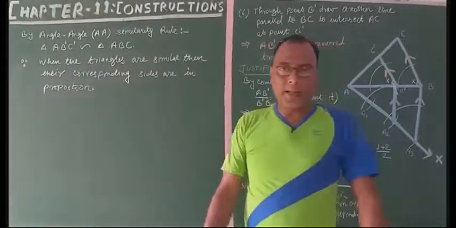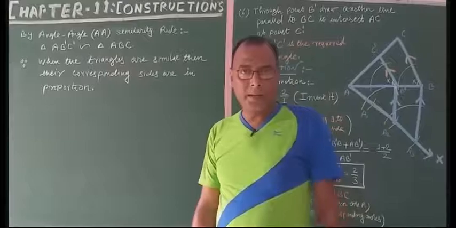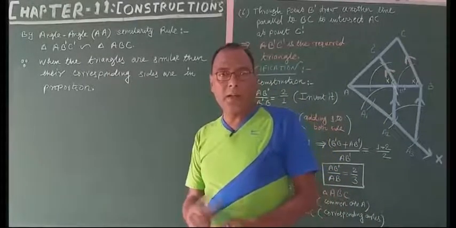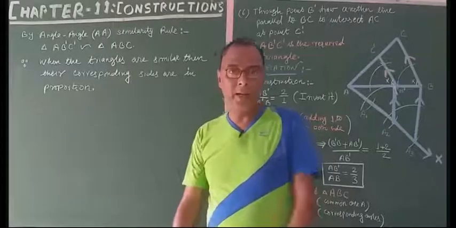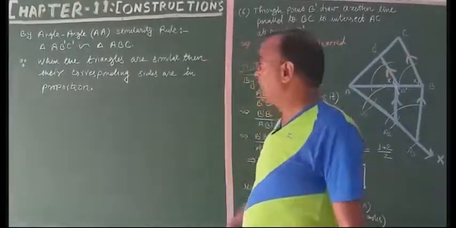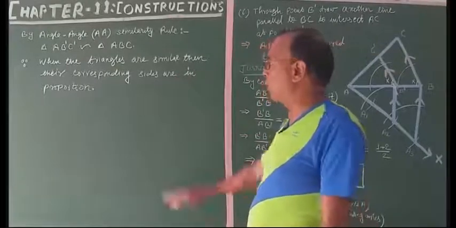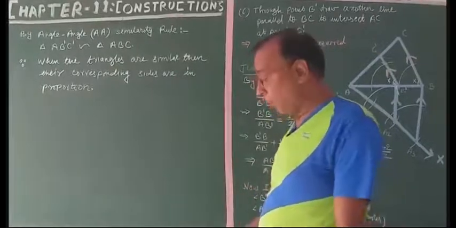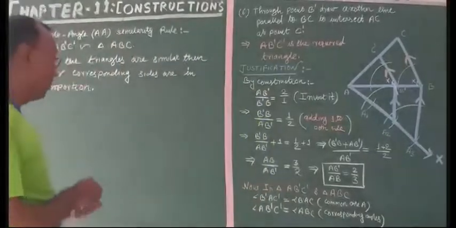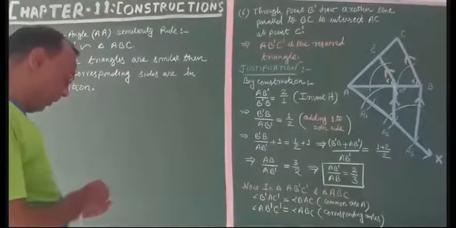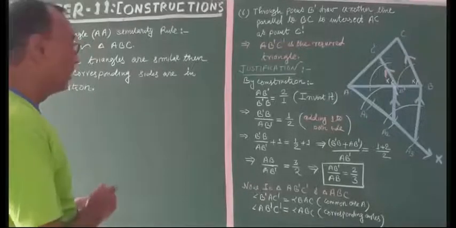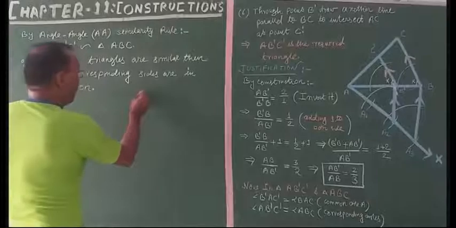If two triangles are similar, then their corresponding angles are equal and the corresponding sides are in proportion. So we are using this fact here that when the triangles are similar, then their corresponding sides are in proportion. So now just look here. Now which two parts will be in proportion? So just look here, we are considering these two triangles again. This was triangle.